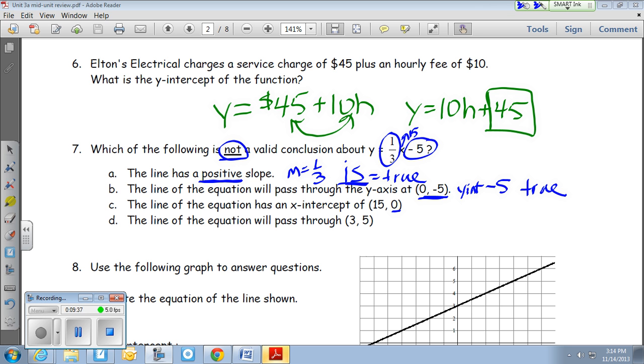So that again is true. So hopefully letter D is not true. The line of the equation will pass through 3, 5. So 1/3 of 3 is 1. If I plug this back into the equation, 1 minus 5 should be a -4, but they're telling me it's 5. So the line will not pass through this point. So this is not a valid conclusion.